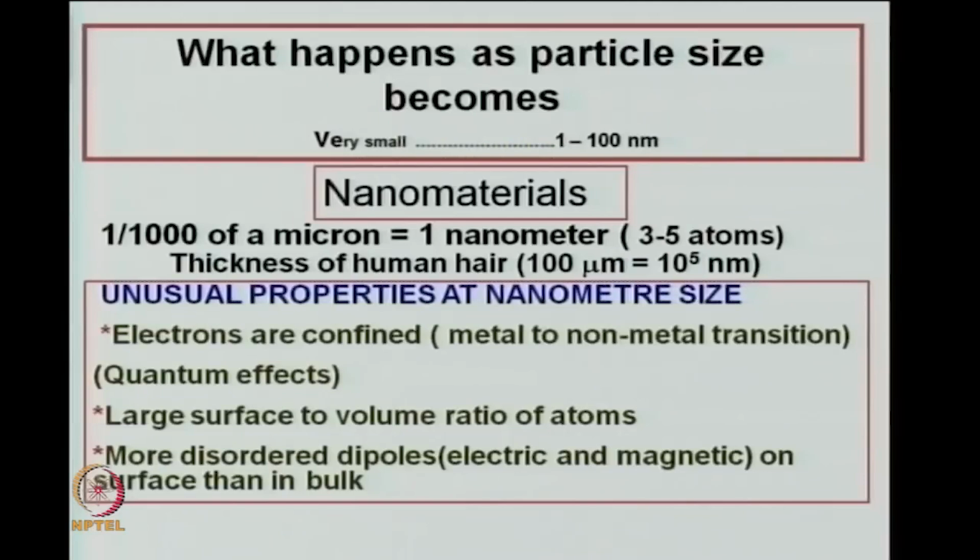There is another property which depends on the orientation of dipoles, which may be electric dipoles or magnetic dipoles. A particle having these dipoles will show change in the arrangement of these dipoles as you decrease the size of the particle.